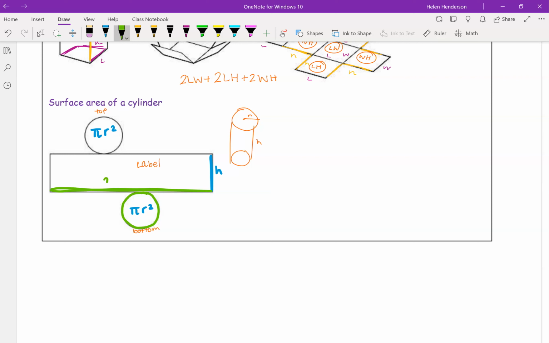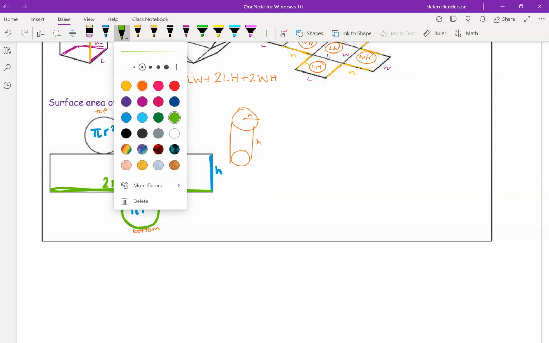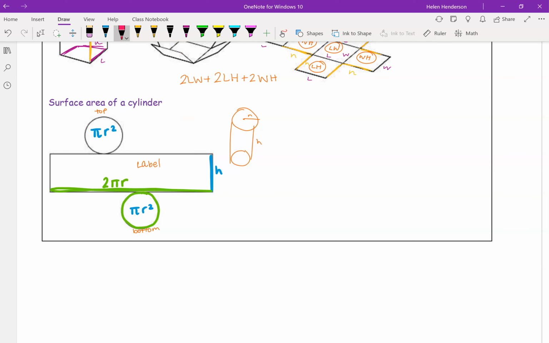So 2 pi r. So if you want to find the area of the part which is like the label, it would be 2 pi r h. So put these three things together to get the total surface area. You'd have 2 pi r h plus pi r squared plus pi r squared, so 2 pi r squared.